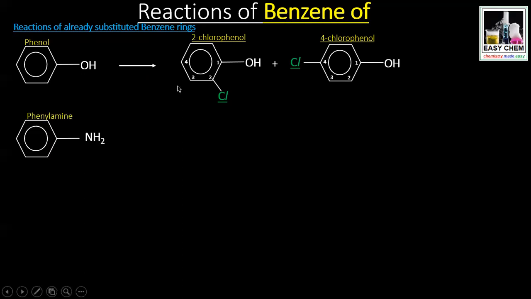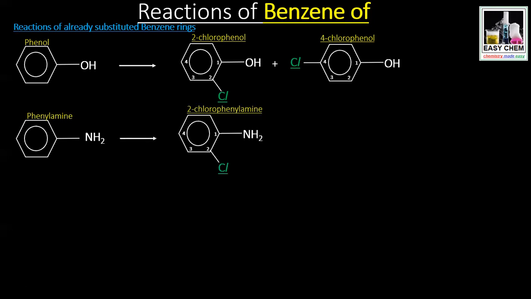I'll take another example. This time we have phenylamine. If you allow phenylamine also to undergo chlorination, you can get a similar product. See, 2-chlorophenylamine. Phenylamine goes to 2-chlorophenylamine, and it will also give 4-chlorophenylamine. There's something interesting happening here.